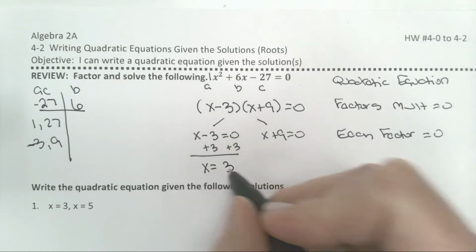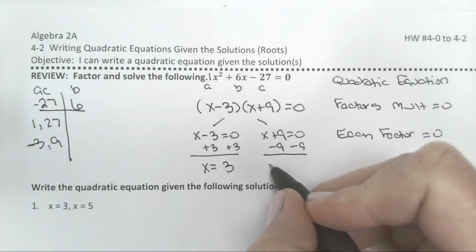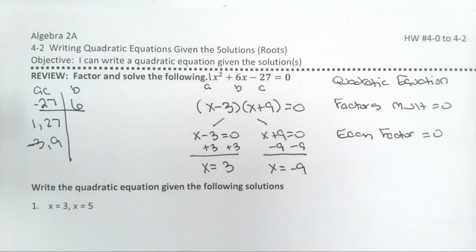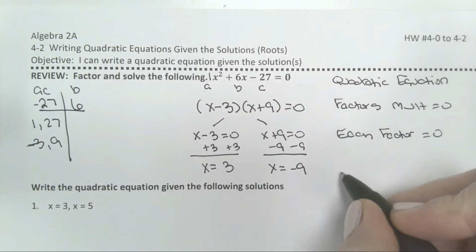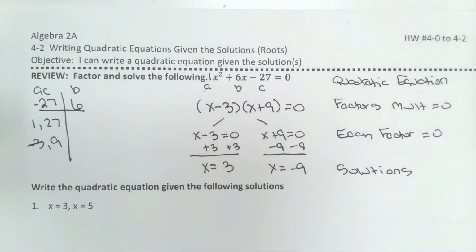So x equals 3, and subtract the 9 over in that case, and x equals negative 9. And these are our solutions. So that is how we factor and solve.